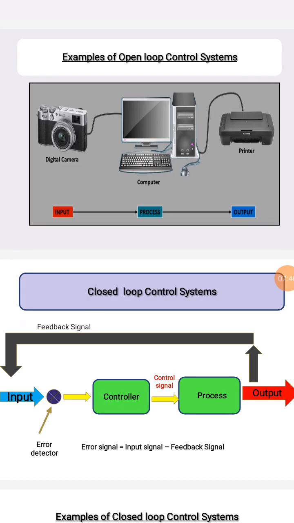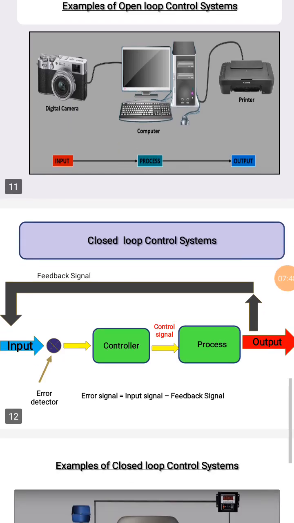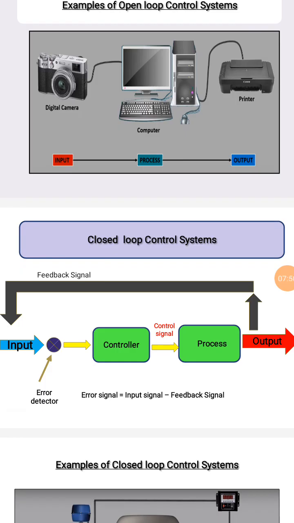There are some changes compared with the open loop control system in the block diagram. Here there are two more elements: the feedback signal and the error detector. First we give the input, and that input is given to the error detector.